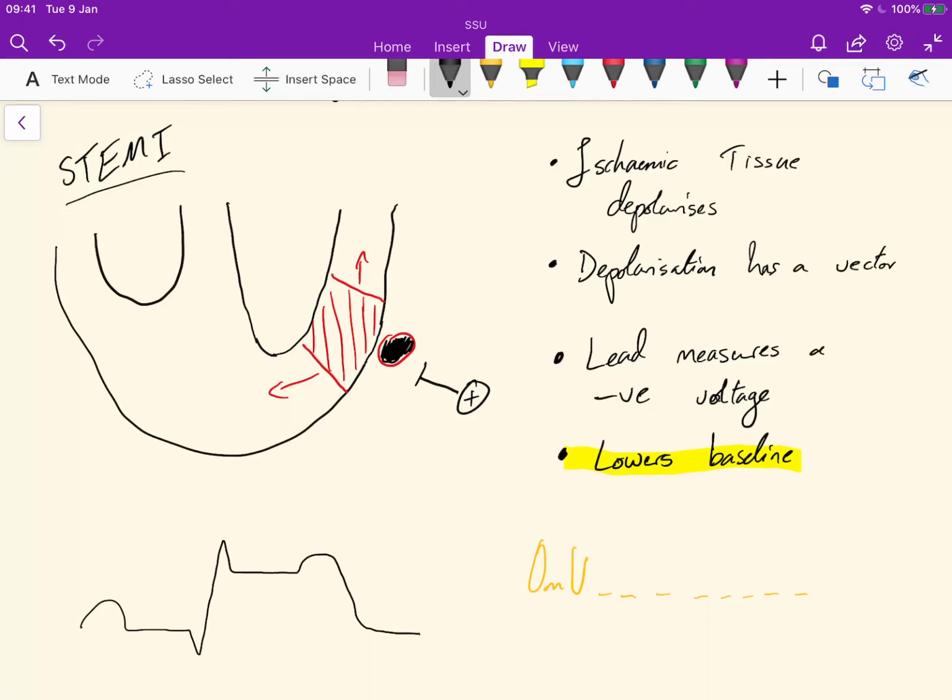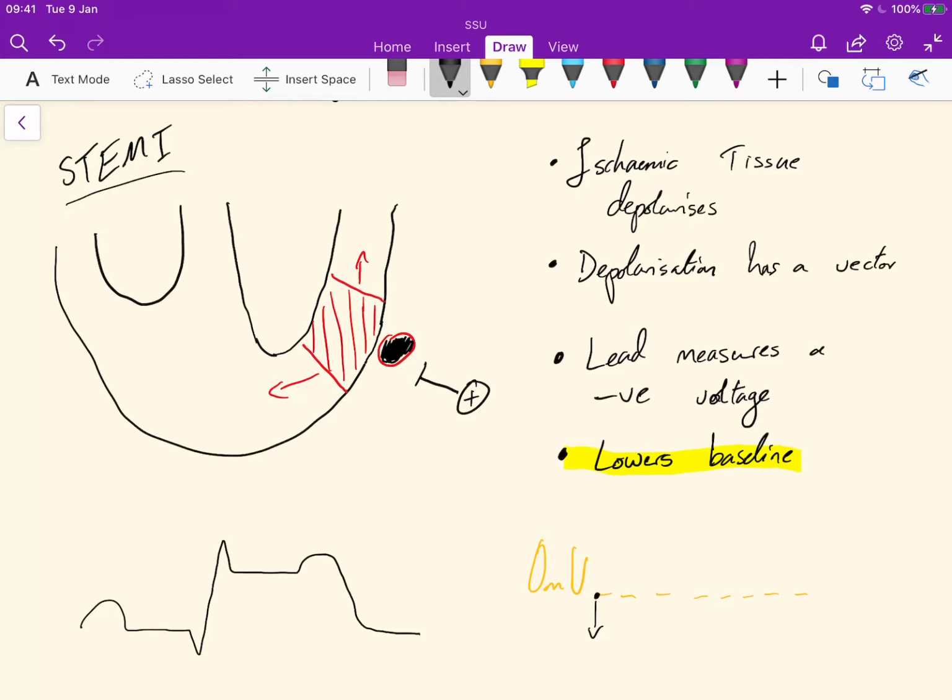So instead of starting here, it starts down here, so it does the opposite of an NSTEMI, because the ischemia causes depolarization to move away from the lead, which would cause a downstroke on a normal ECG. Or in this case, it's going to cause the entire ECG tracing to move in the negative value direction.